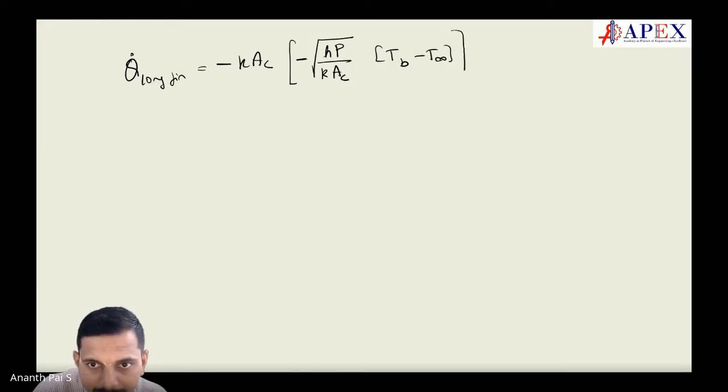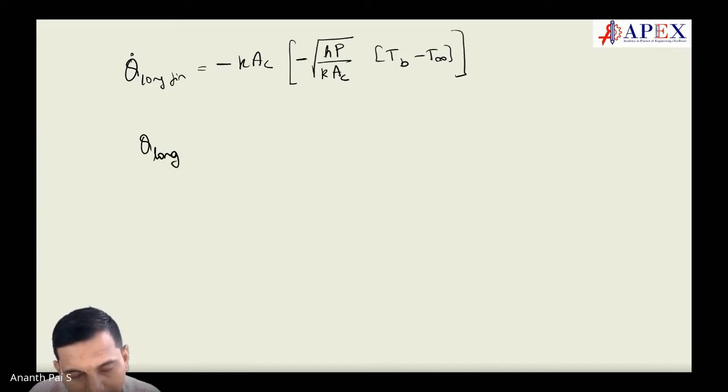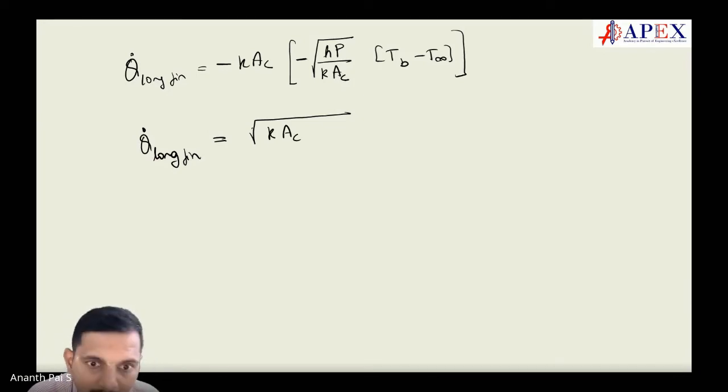Putting together, we get Q dot for the long fin, the rate of heat, is equal to the square root of h P k A_c into (T_b minus T infinity). These two equations are very important.